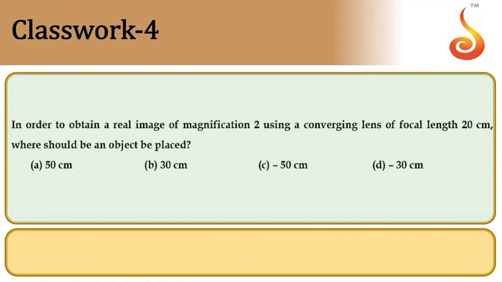Example 4. In order to obtain a real image of magnification 2 using a converging lens of focal length 20 centimeter, where should an object be placed? Simple thing. So, you need to find out u.